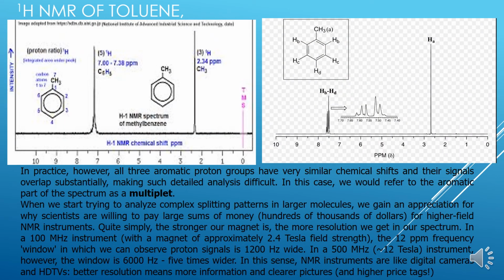Now let us move on to toluene. Toluene means C6H5CH3.